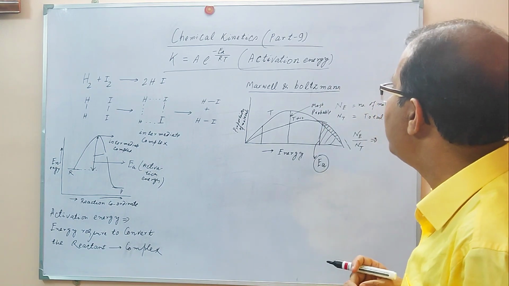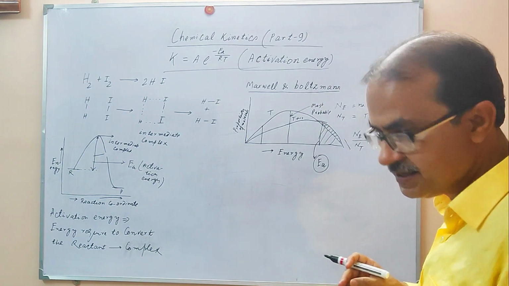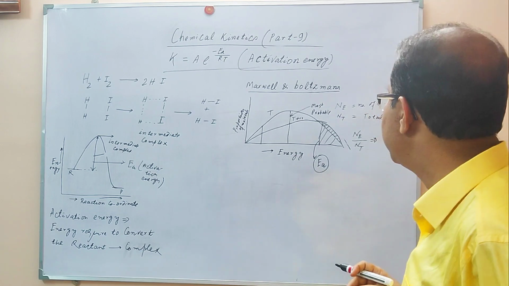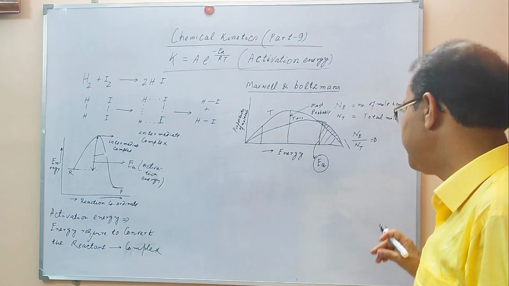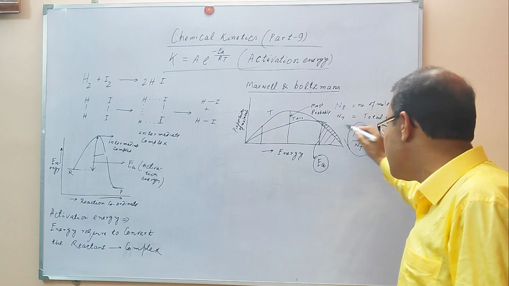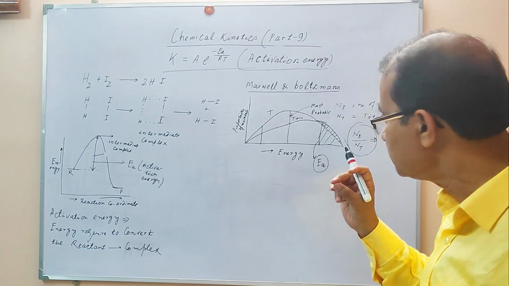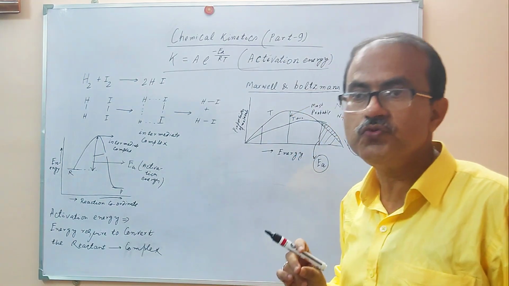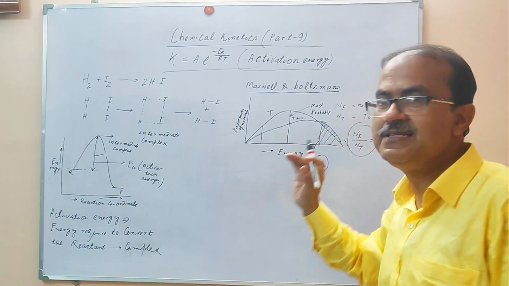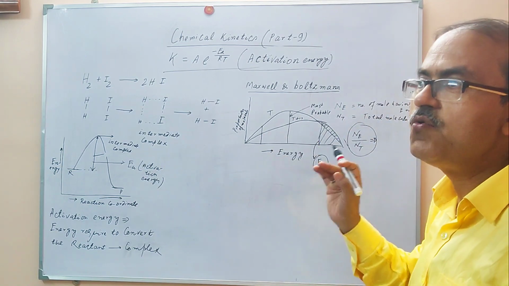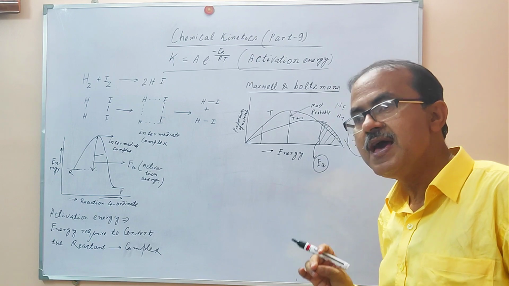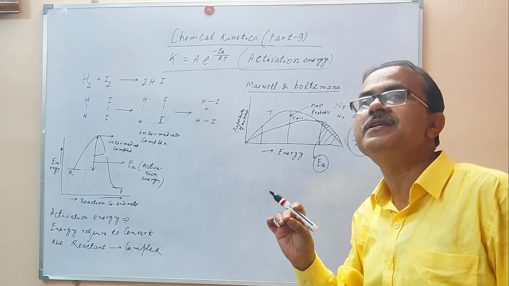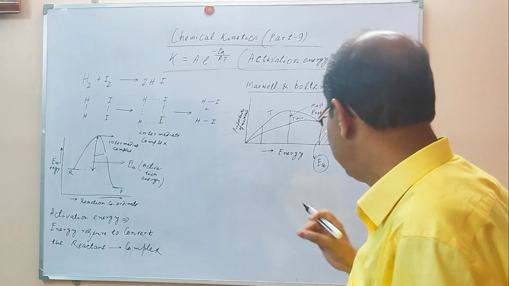So that is how we can understand how the activation energy is very, very important. The proportion of molecules with higher energy than the activation energy will create the difference, and it will be higher when we increase the temperature.